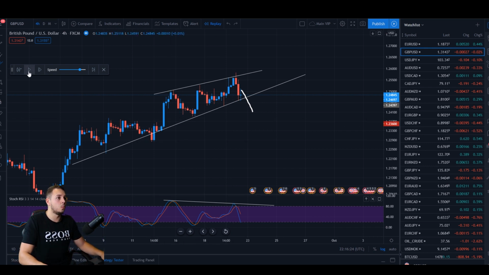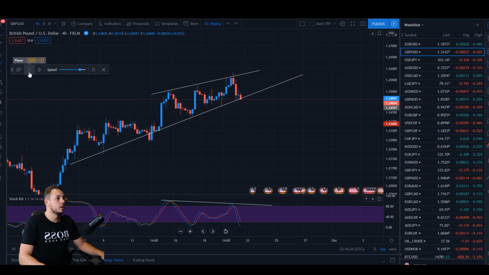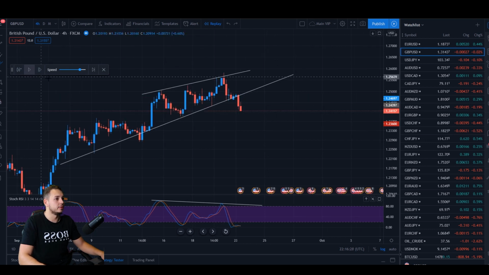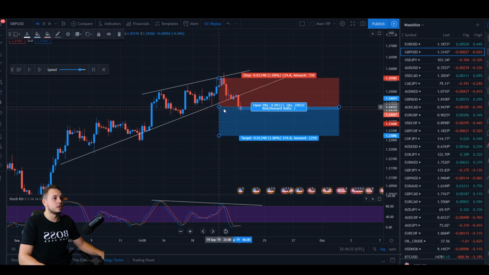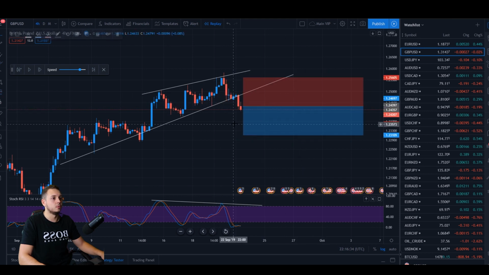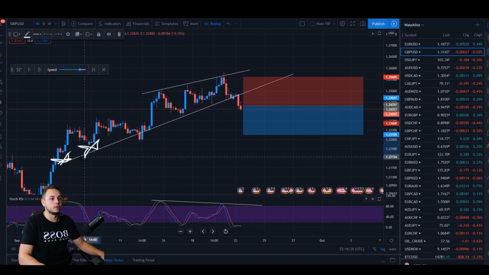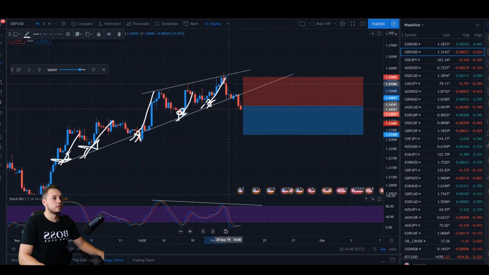Right, so let's have a look what is actually going to happen. So it's shooting towards the downside, and this is where I would enter the trade. Why is this a good trade towards the downside? Well, as you can see, it was following this nice uptrend over here, right? Every time it touched, it respected the zone and shot towards the upside.